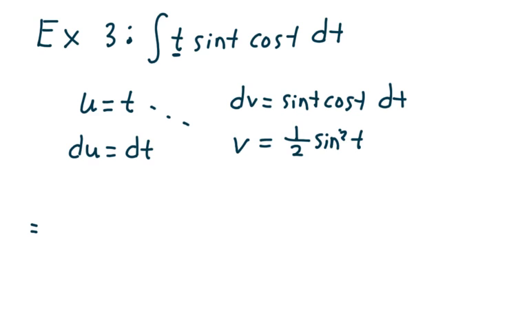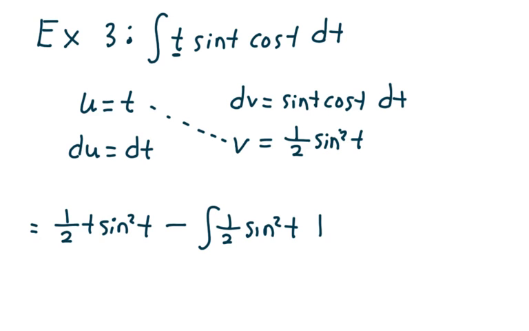So this is going to be uv, which is 1/2 t sine squared t, minus the integral of 1/2 sine squared t dt. And so we really want to remember that power reducing formula.